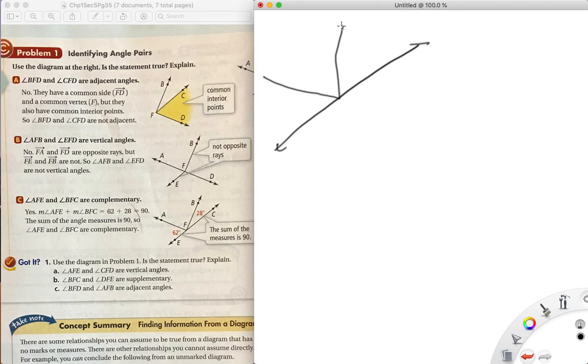I have an A here, F here, a B here, a C here, and an E over here. I'm told that AFE is 62 degrees and BFC is 28 degrees.